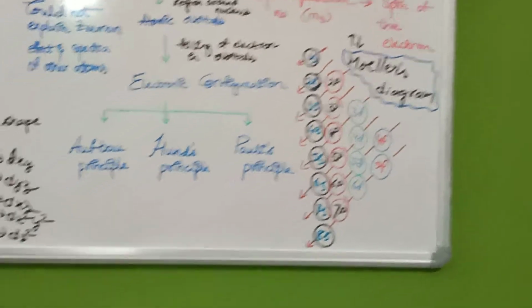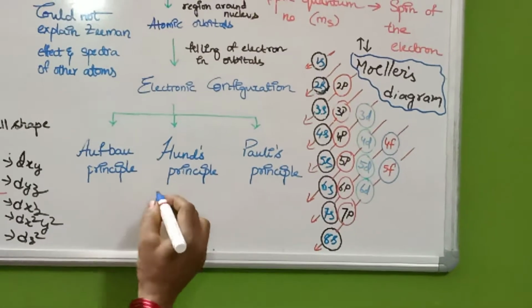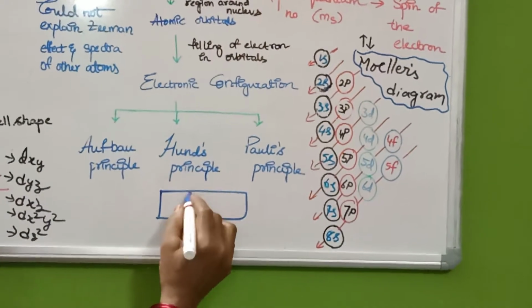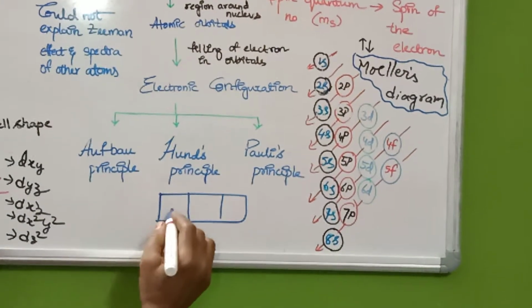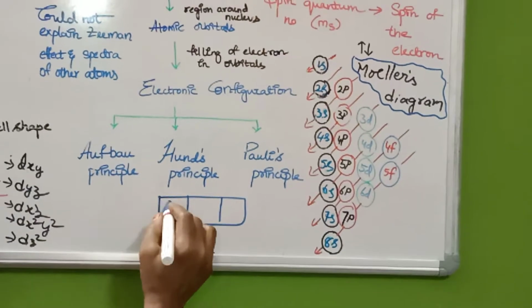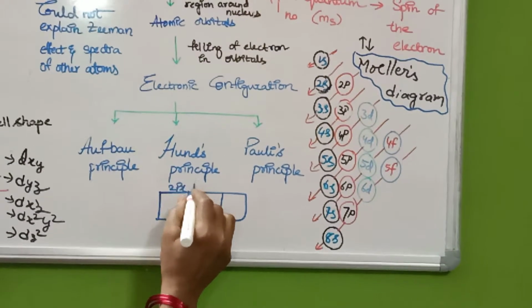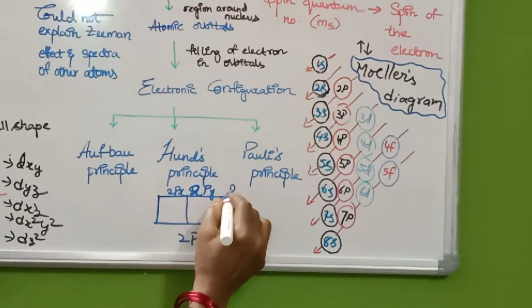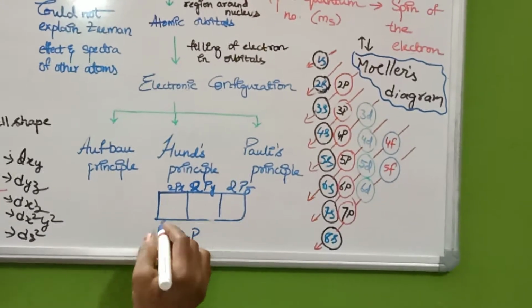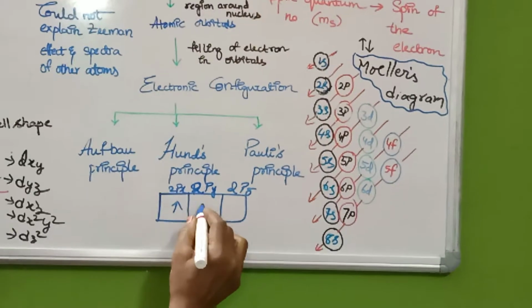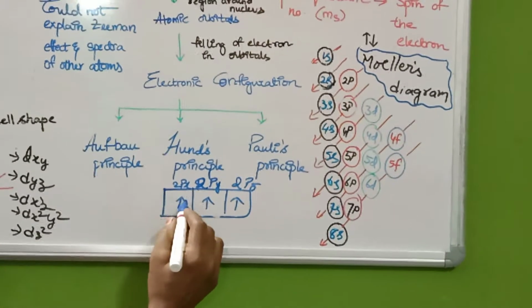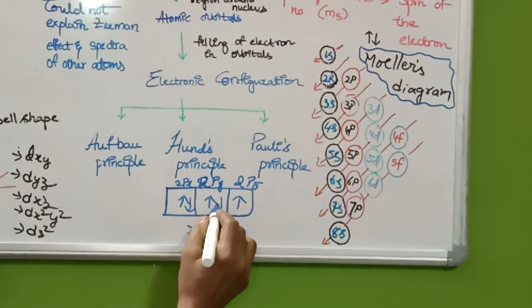Let us take 2p. This is 2px, 2py and 2pz. So this is the way the electrons fill, and after filling, only then does the pairing of electrons take place like this.